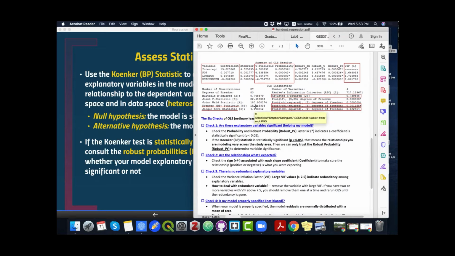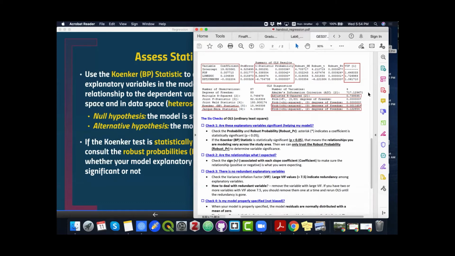The 15.94 represents the statistic itself. However, if you're looking for the p-value, it is the 0.001165. So once again, make sure you're reading the correct number. For the Koenker statistic, we get a p-value of 0.001, which is significant because it's smaller than 0.05.